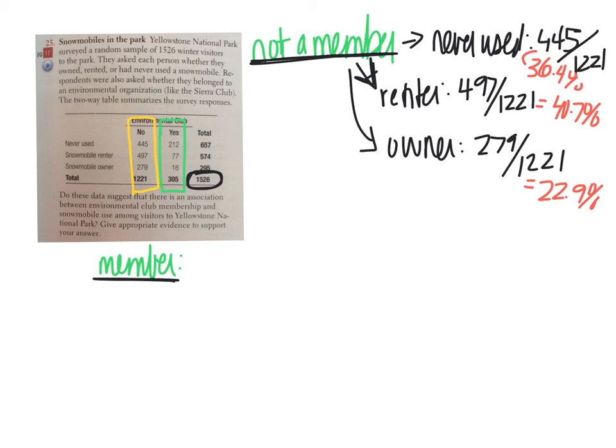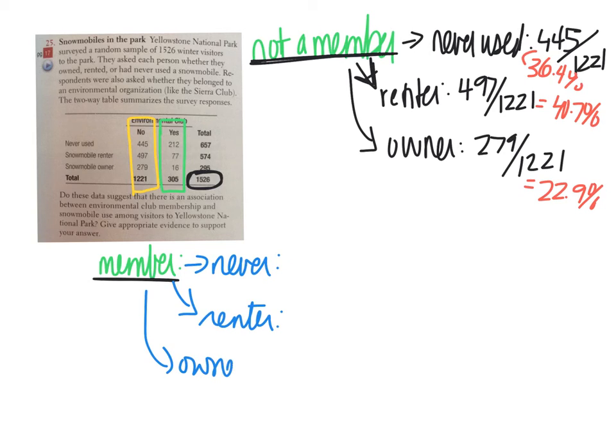Okay, so I need to compare this to the ones who are a member. Notice in the green box, I'm going to be looking at those numbers. We're going to have the same categories again: never used, renter, and owner. For never used, there's 212 of them out of the 305. The renters, there's 77.